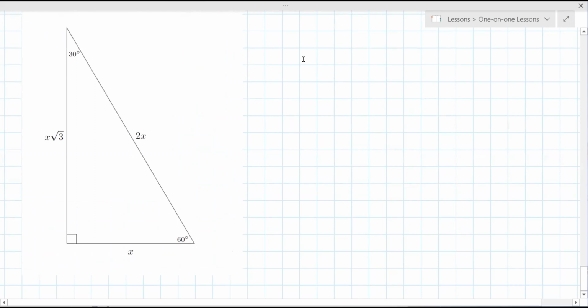This is a 30, 60, 90 reference triangle, and x is always referred to as the short leg. This x root 3 is referred to as the long leg, and then the 2x is the hypotenuse. Keep in mind that you can orient this triangle in a bunch of different ways.